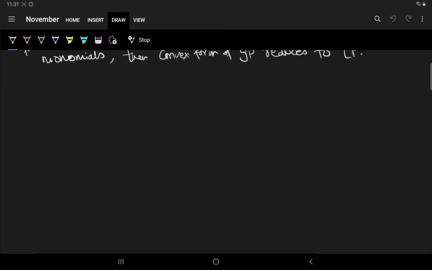And next we see one example of a GP problem. That is design of a cantilever beam.